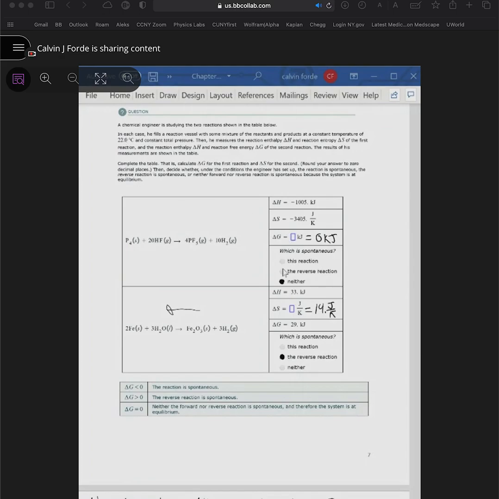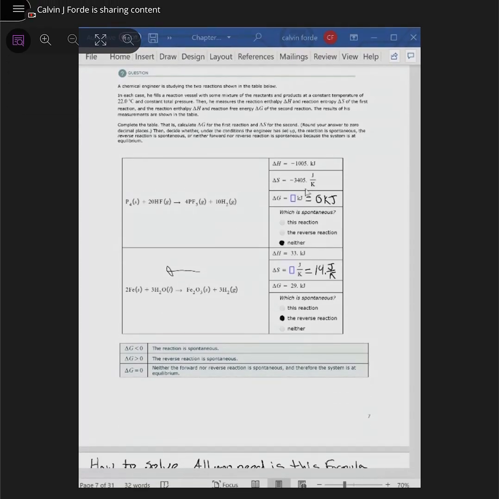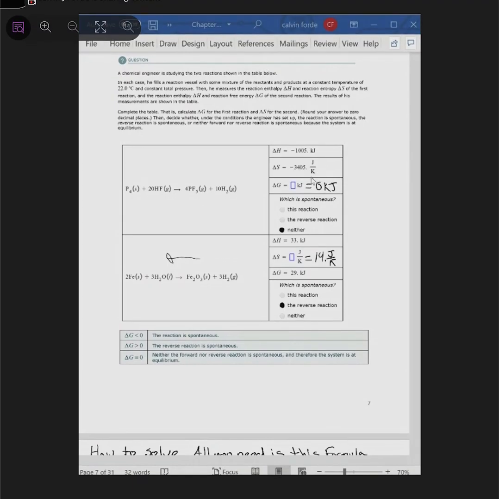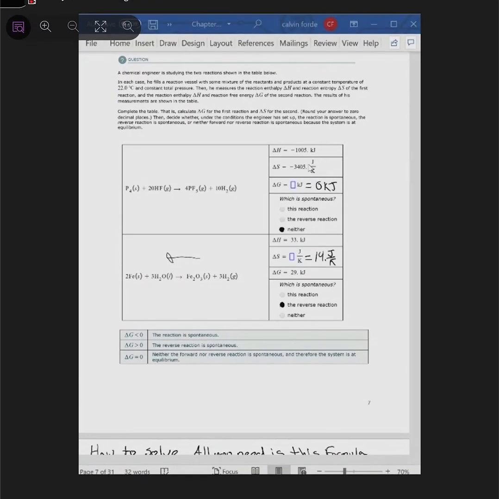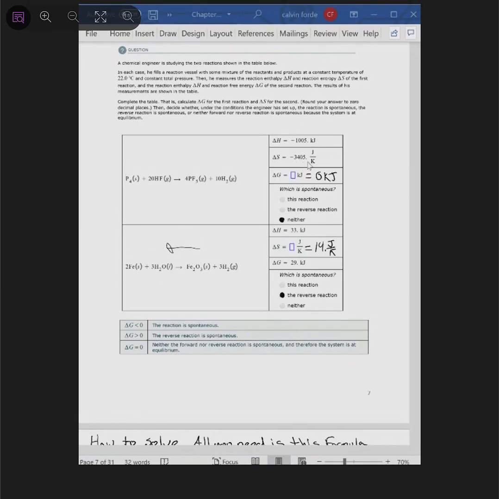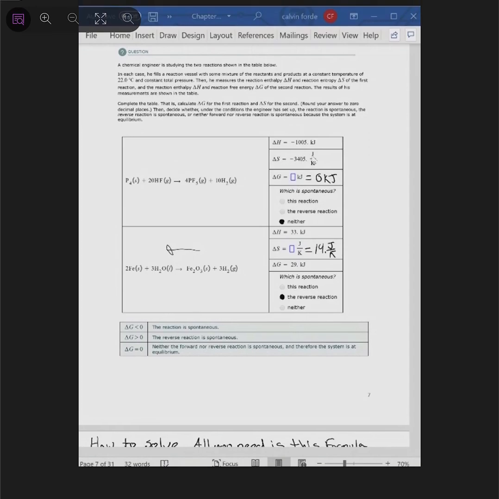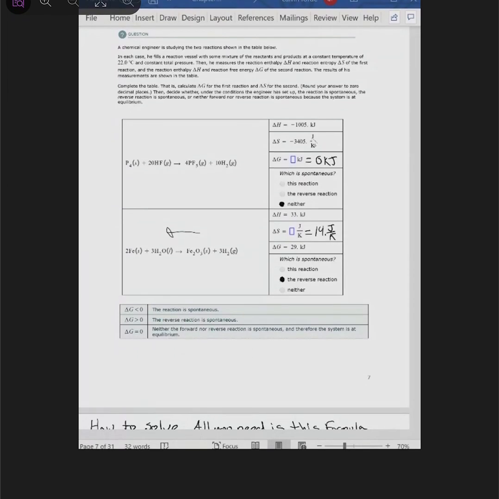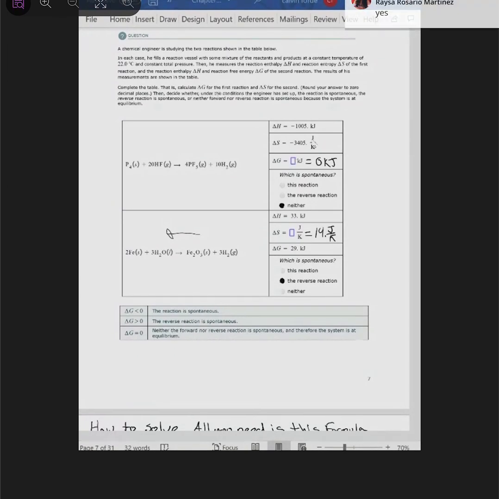Because then you're going to be able to cancel out the delta S. So you see the unit for delta S is Kelvin, but also you have to make sure the unit for both of these are the same. So in this case, if you need kilojoules, you're going to have to also convert this into kilojoules before you start solving. Does that make sense? Right?